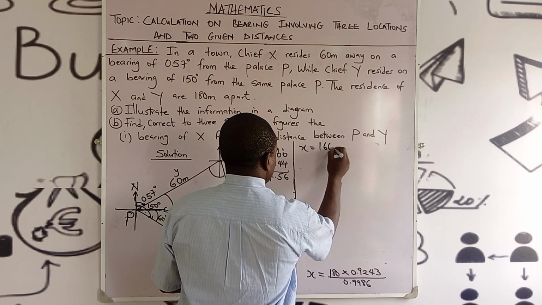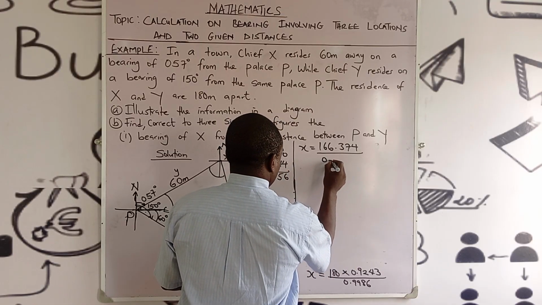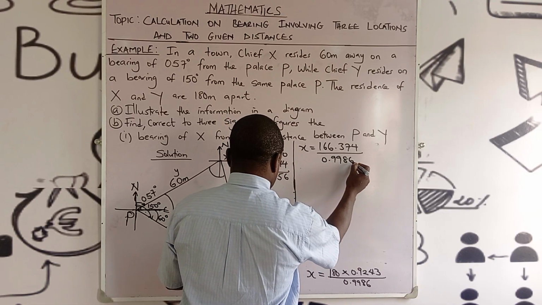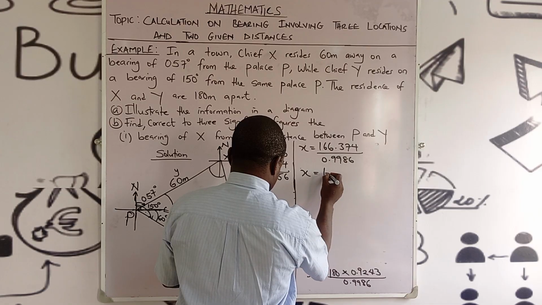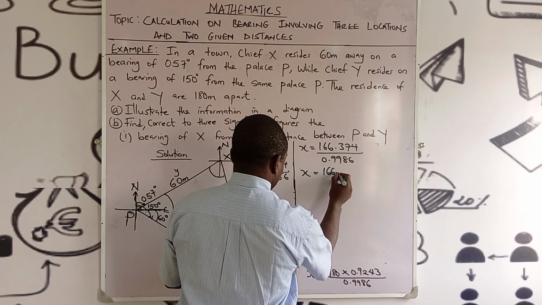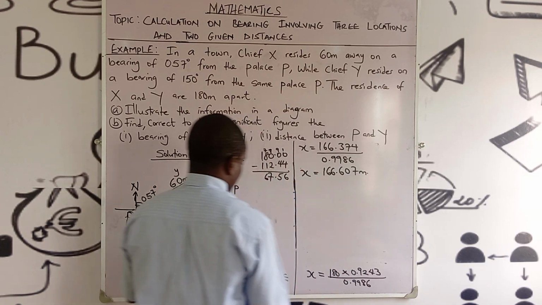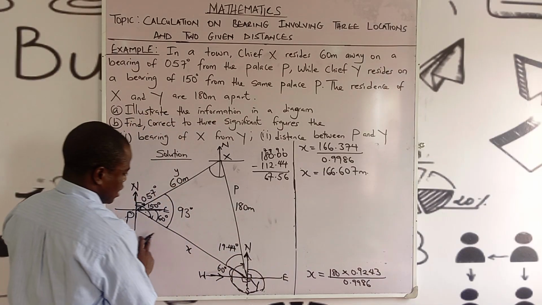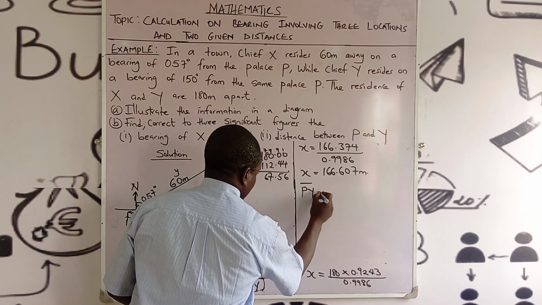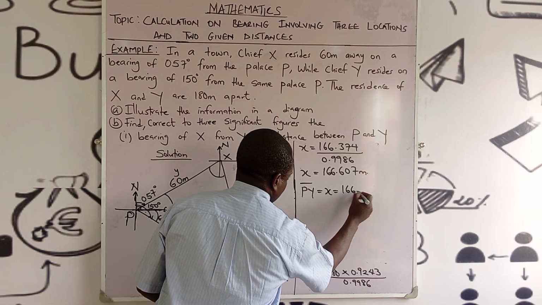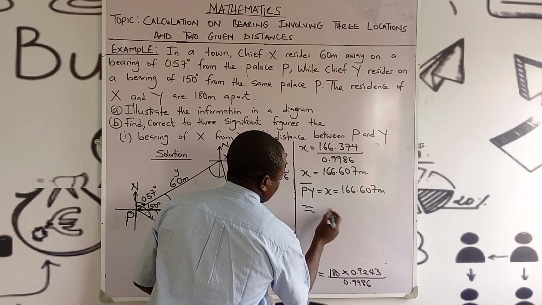Now x equals 180 multiplied by 0.9243. You're having 116.374 divided by 0.9986. Your x now equals 166.607 meters. That means our line PY equals x equals 166.607 meters, which we must approximate to three significant figures.